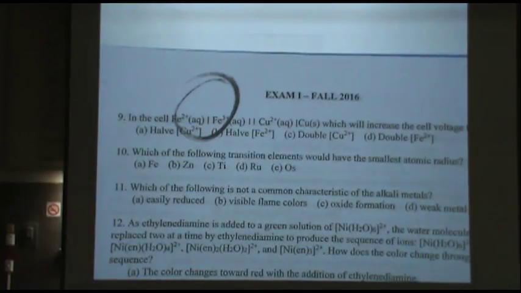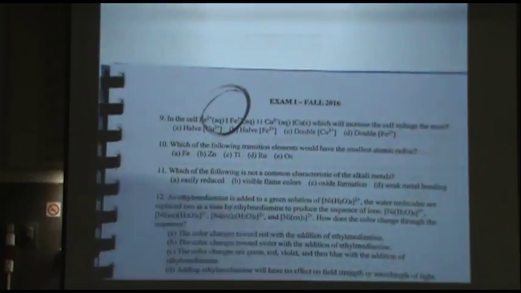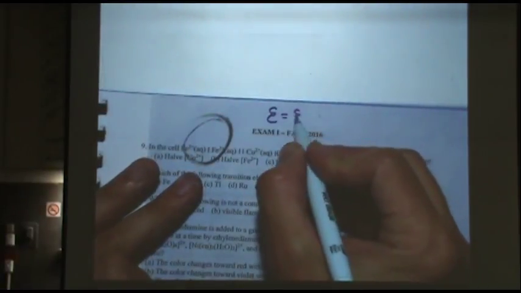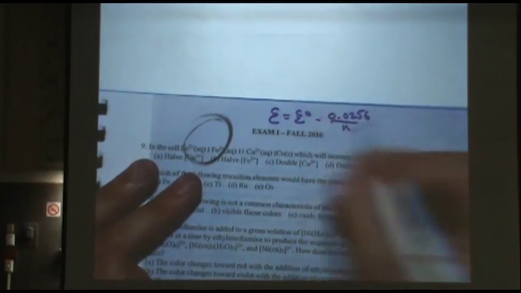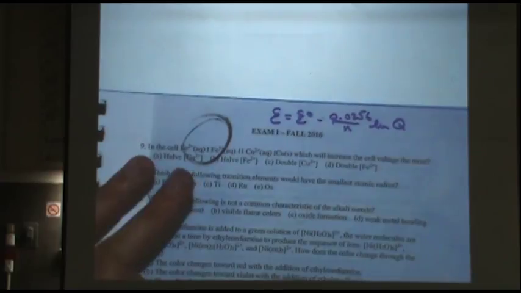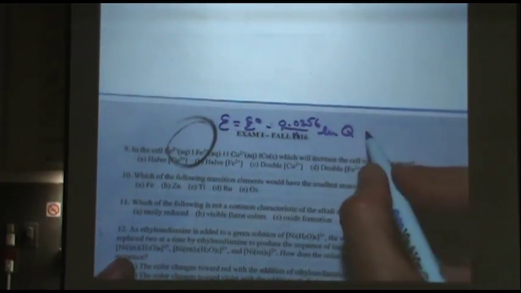Question on how to do this one. Yeah, you're asking about concentration. You've got to write the Nernst equation out. Write it out. So there's that one. Q, product over reactant.